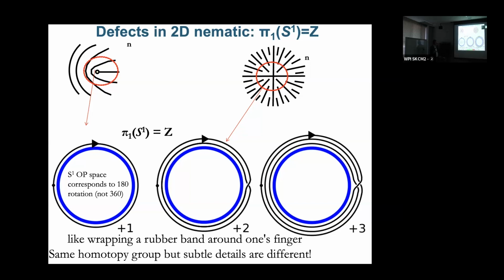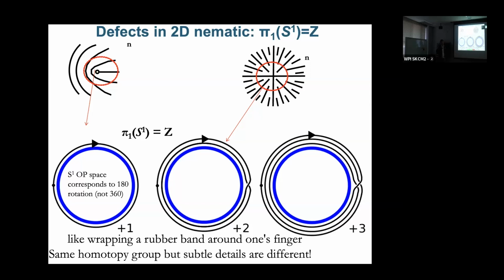Whereas if you would have a radial 2D defect like this, that 360 degrees rotation of the director would wrap it 2 times. And then you can have other integers that correspond to Z and so on. However, here I should make a disclaimer that this is the homotopy theory view on defects in 2D in liquid crystals.